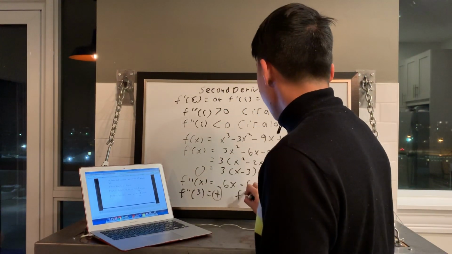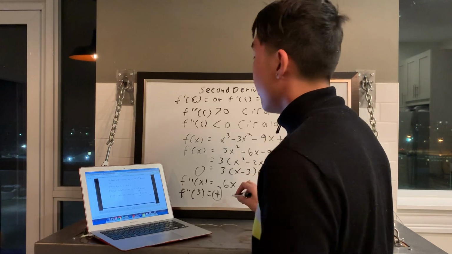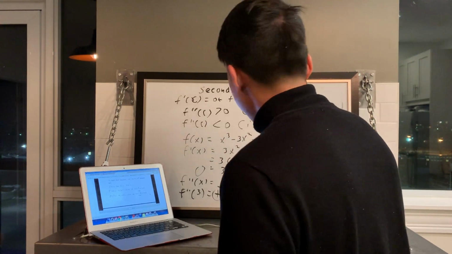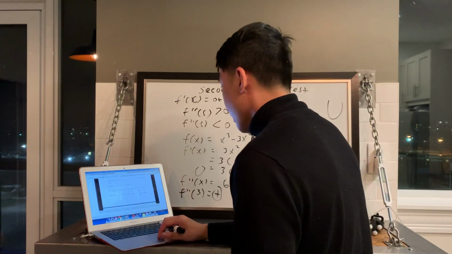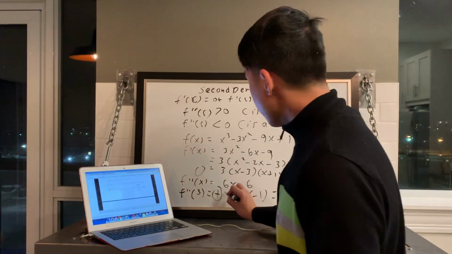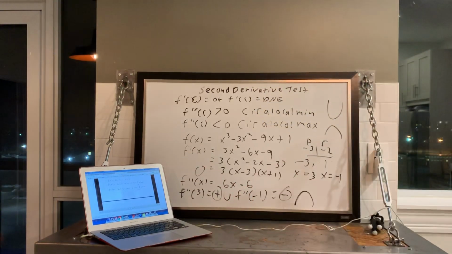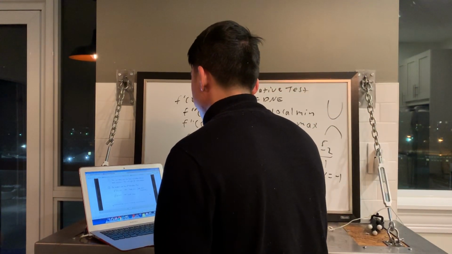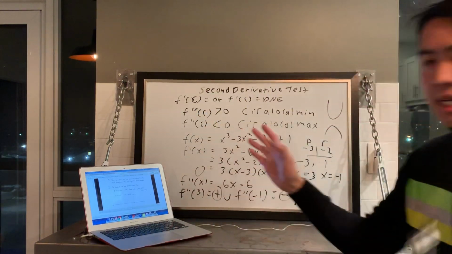And f double prime of negative 1 is negative, right? If it's negative, that means negative 1 is a local max, okay? And this would be a local min, just because it's concave up when it's positive and concave down when it's negative. So that's a quick way to tell what's happening at those points, okay? That's the second derivative test.